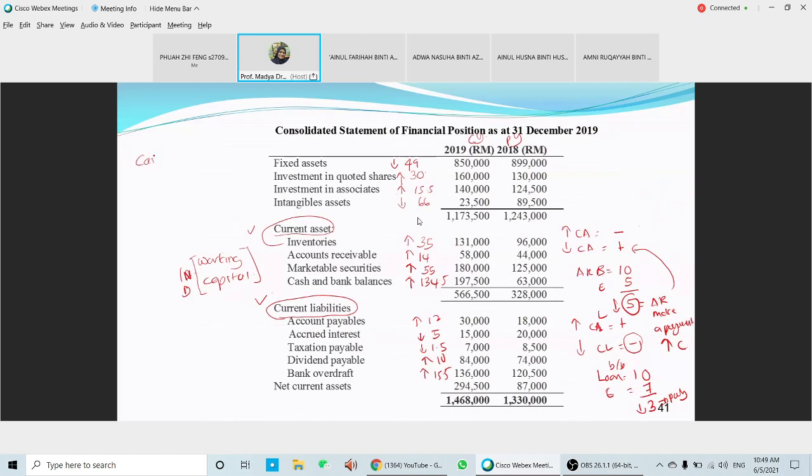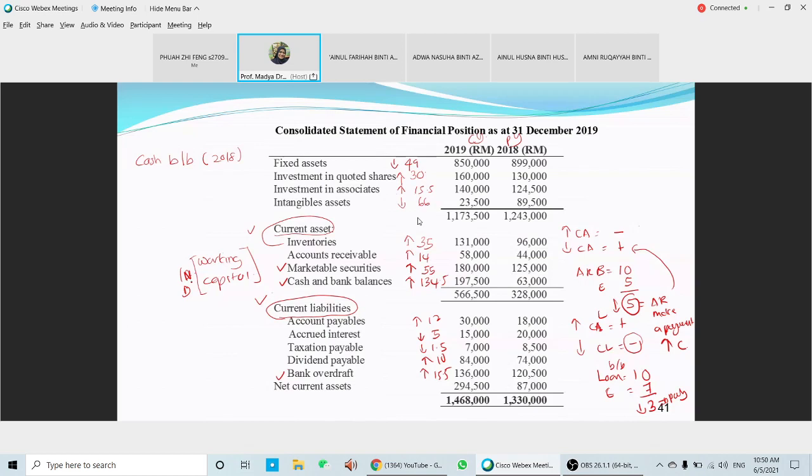Cash at beginning balance. Beginning balance means the cash in the year 2018. So it said that the cash here has elements of marketable securities, balance, and also bank overdraft. So we look at the year 2018 because we want to find the beginning balance.